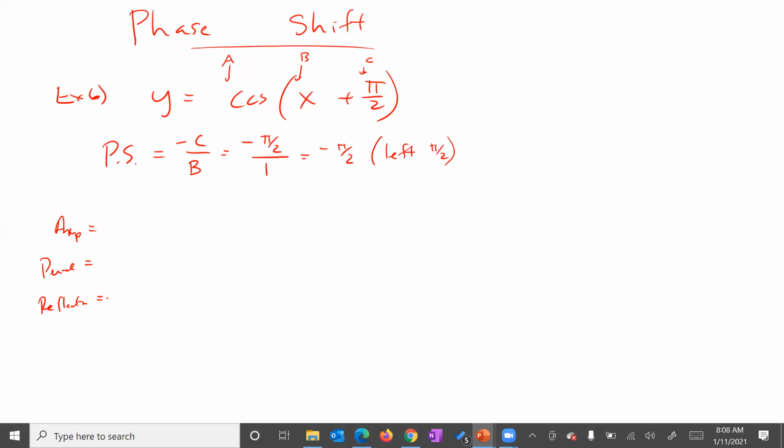A value is 1, correct? Period is 2 pi, no changes there. Do we have a reflection, yes or no? No, okay. So we have an ordinary cosine function that looks like this. Wait, how do you know if there's a reflection? The A has to be negative. So how do you know if there's a reflection on your hands? The A value in front of your trig function is negative.